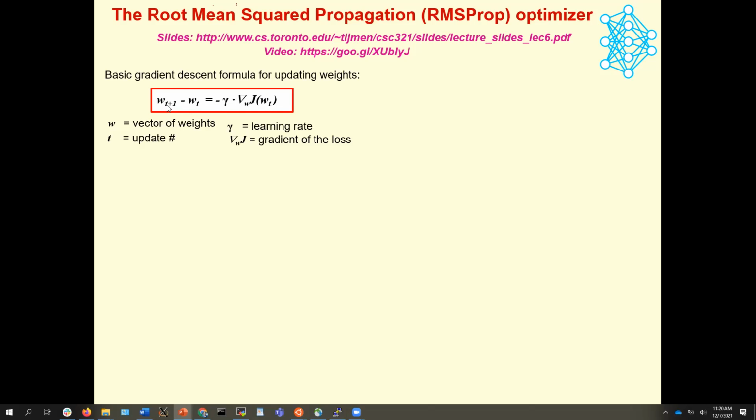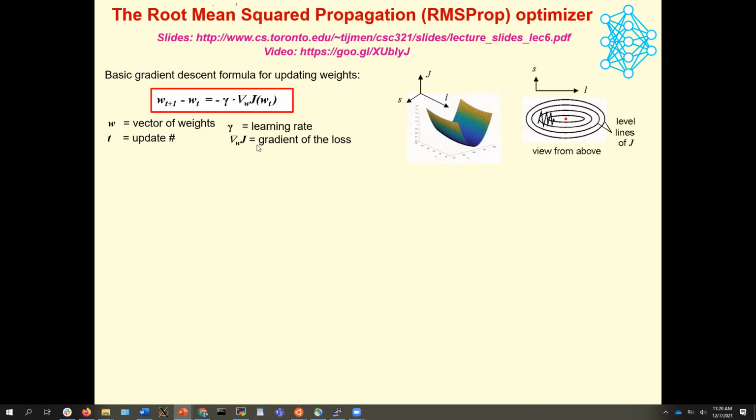So the subscript t is the update number. W is a vector of all weights in the network. Gamma is called the learning rate. It's a hyperparameter. And nabla J is the gradient of the loss with respect to all weights of the network.